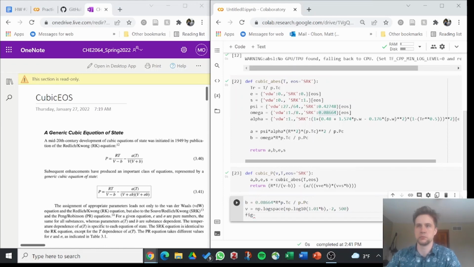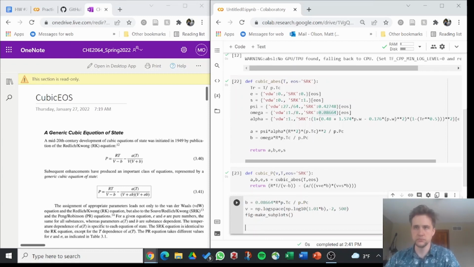Now our plotting figure, make it subplots. Okay, now the next thing is plotting the temperature. We don't want just one temperature. We would like to see what the pressure and volume, how they look and how they change based off a whole array of isotherms.